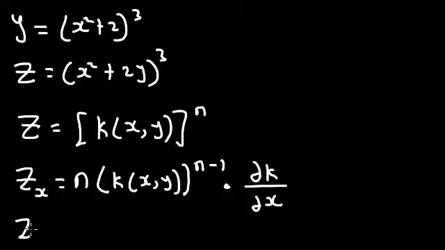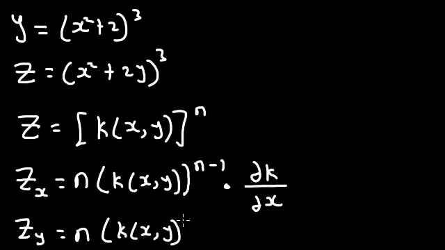Likewise, if you are differentiating partially with respect to y, then this would be almost the same as that of x, but these to be different. So you should know what that is going to be. So that will be n multiplied by k of x comma y all to the power of n minus 1, and then multiply by the partial derivative of k with respect to y.